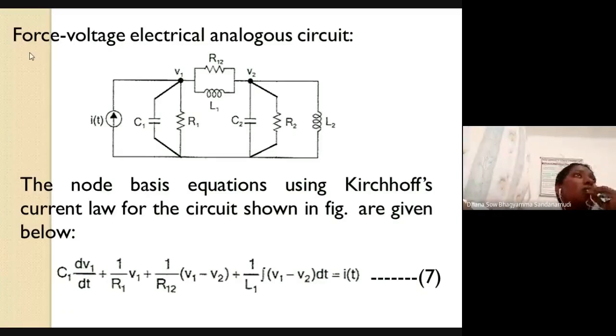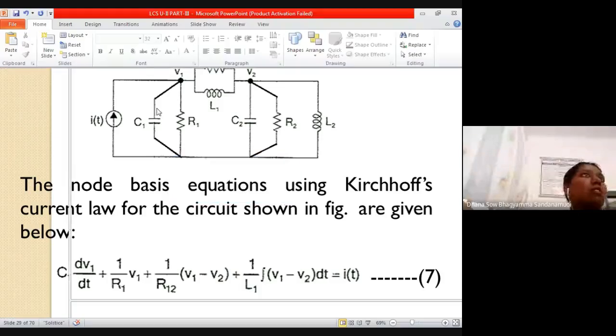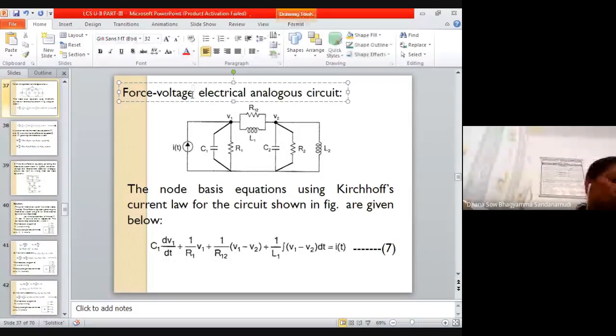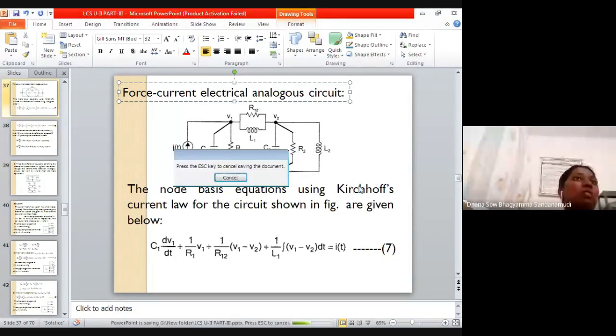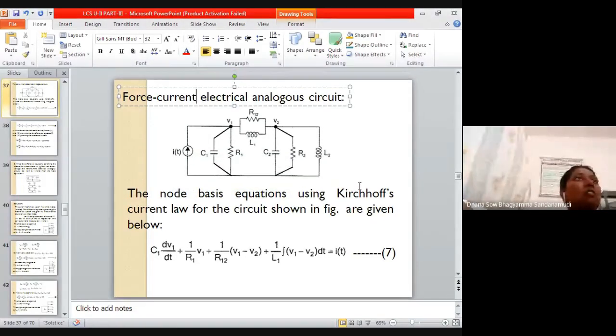Kirchhoff's. 1 minute. So copy paste. Problem is copy paste. Force current electrical analogous circuit. Okay, so let me check. Okay, here it is right only.